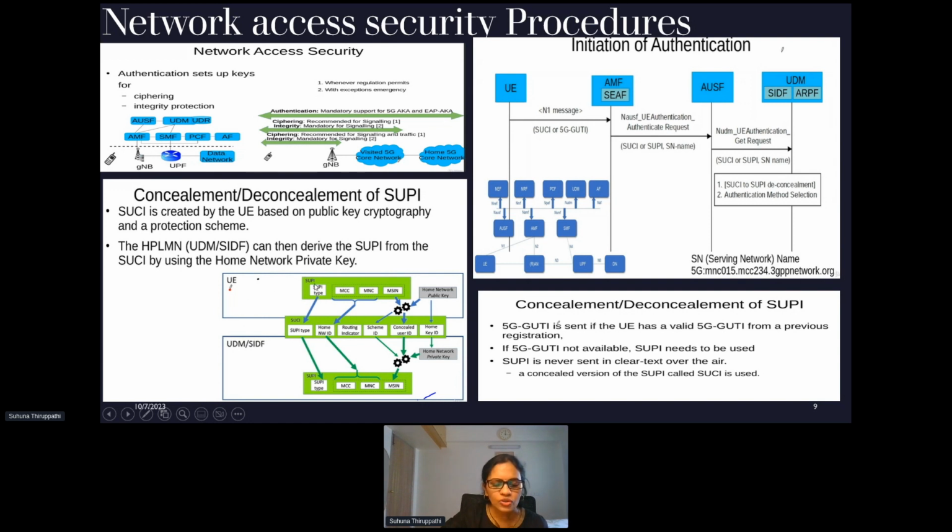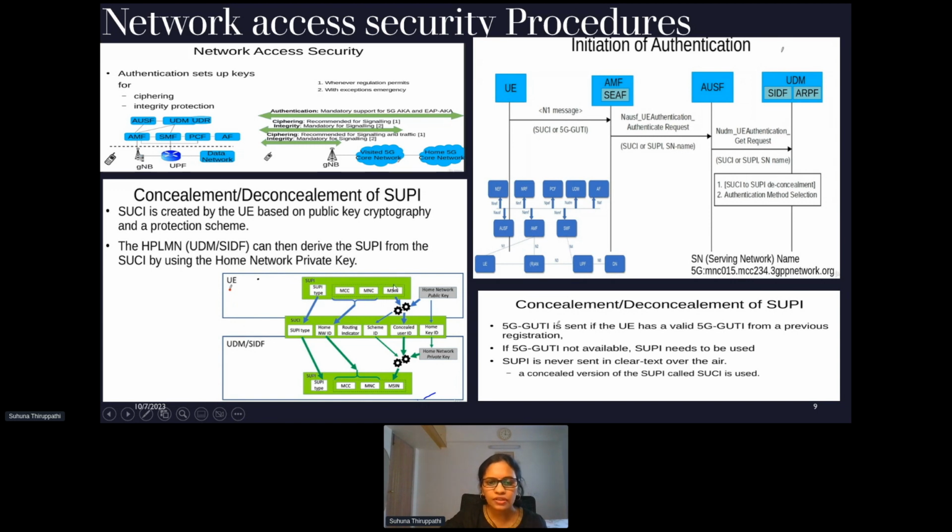So SUPI consists of these fields: the SUPI type, which for the 3GPP case is an IMSI, or for the non-3GPP case is an NAI, and then the mobile country code, mobile network code, and mobile subscriber identification number.